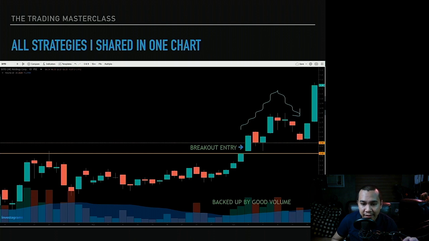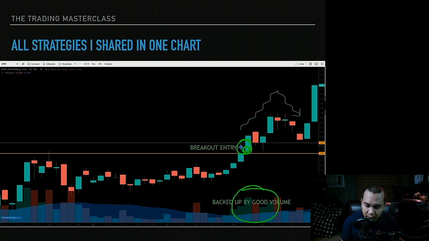That's why I consider this very helpful for newbies, except copy trading, since there's no copy trading in the Philippine Stock Exchange. Copy trading can be done for the international market. But here's the breakout entry, and it's backed up by good volume right here. If you entered at this breakout, that's a gain for you already.